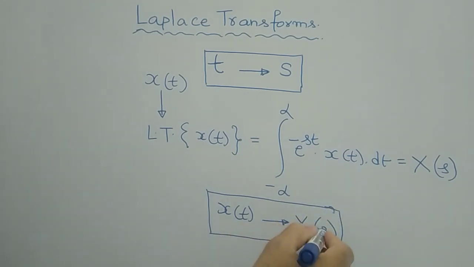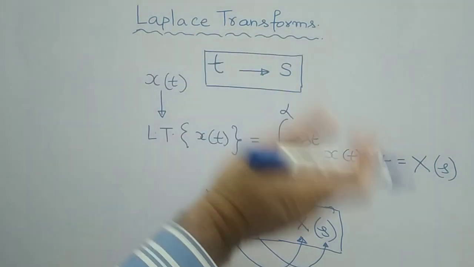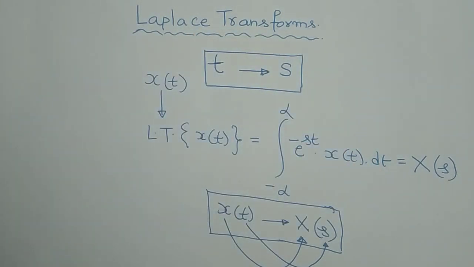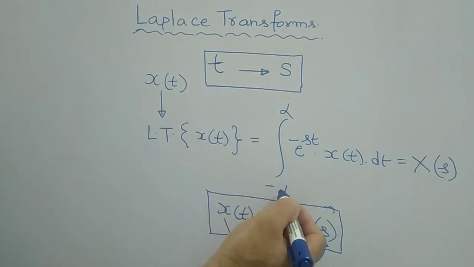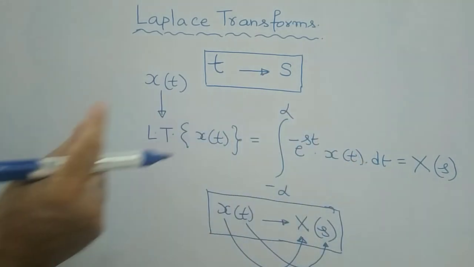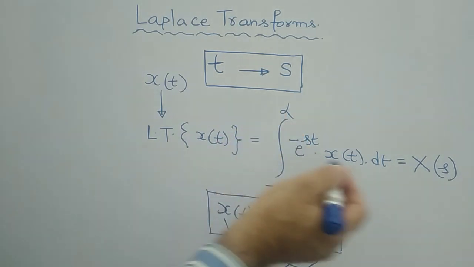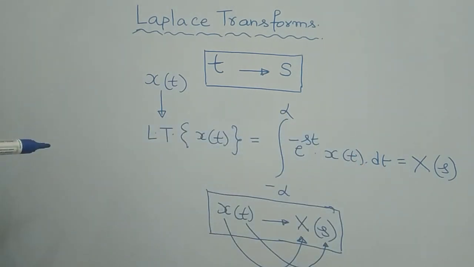x of t corresponds to capital X of s. So here small x is converted to capital X, and the time t is converted to s domain. This is called the conversion of time domain to s domain. If you take the integration from minus infinity to plus infinity, then this transformation is called the bilateral Laplace transformation, or otherwise the two-sided Laplace transformation.